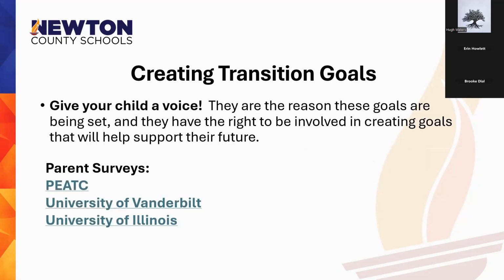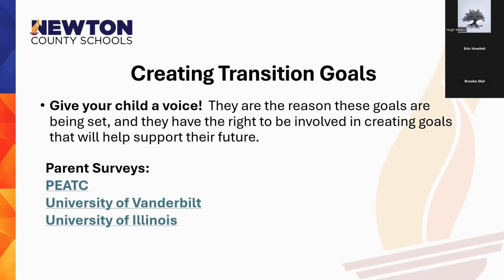Now, creating transition goals. Make sure you give your child a voice as well. We give assessments that help determine their strengths, their preferences, and what they want to do. Here are a few things parents can do to give input about what they also want for their students, because it's important to hear from parents and have their feedback and input into what the student does when they graduate, especially if you maintain guardianship.